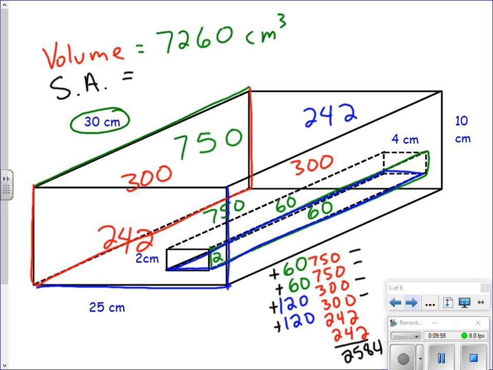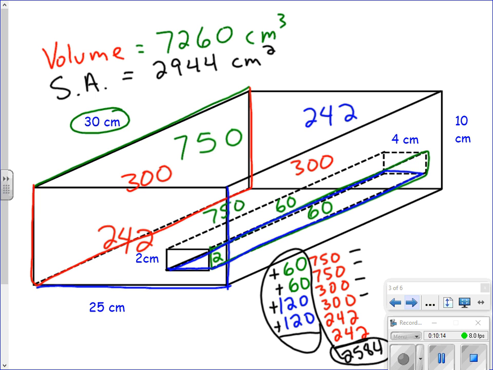So let's do that. And I get a grand total surface area when I add all these things together of 2944 centimeters squared. Again, it's squared because I've laid it out flat and we've made it two-dimensional and found the area of each flat panel.